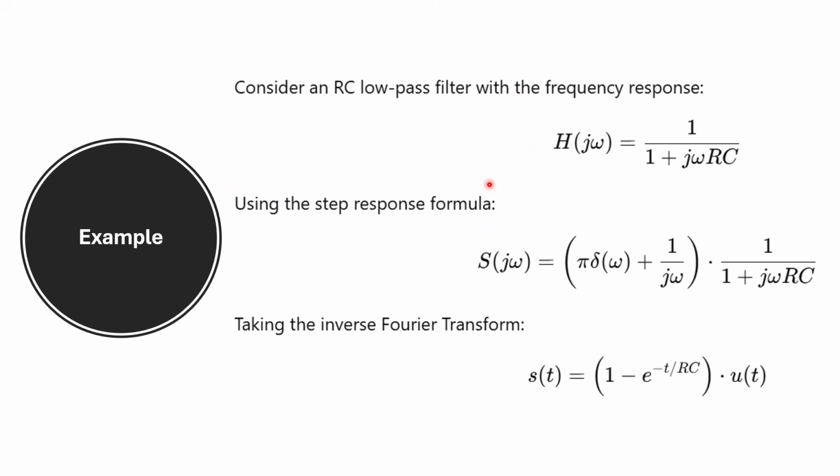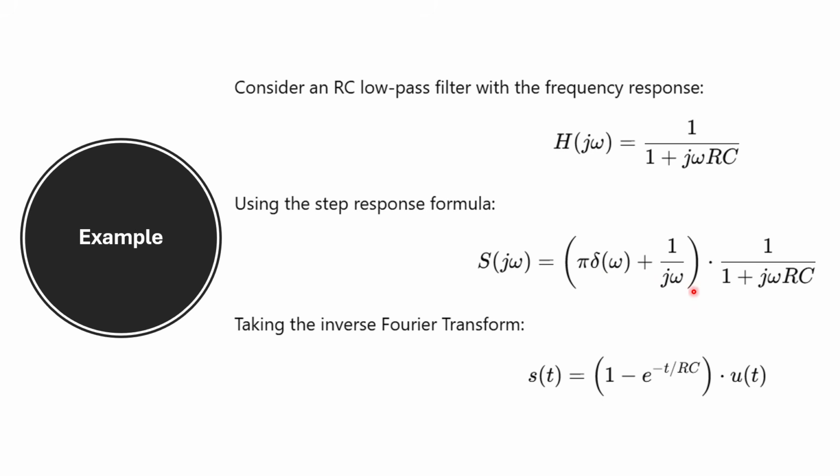As an example, for the RC low pass filter, here H of omega is the transfer function, or the frequency response, of the RC low pass filter, and here is the step response. First multiply the Fourier transform of the step function with the frequency domain function of the RC low pass filter.